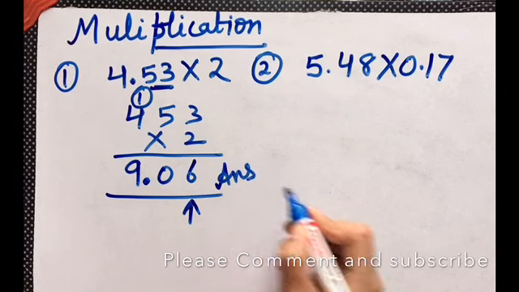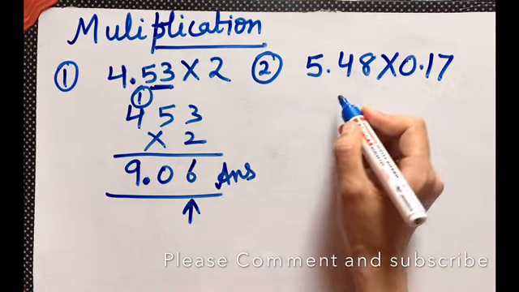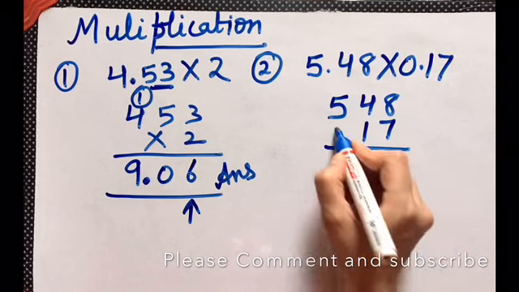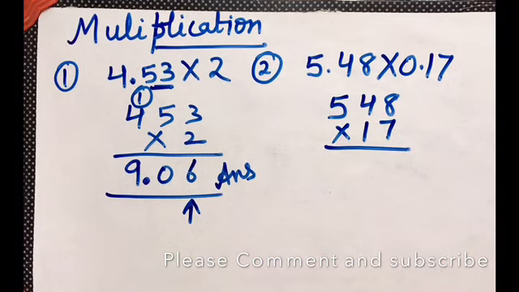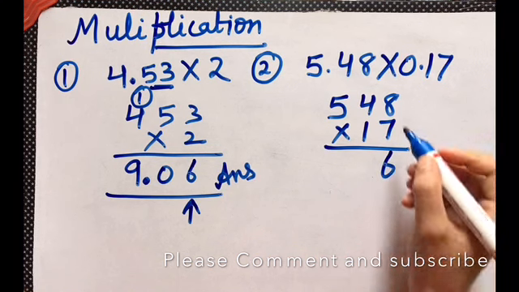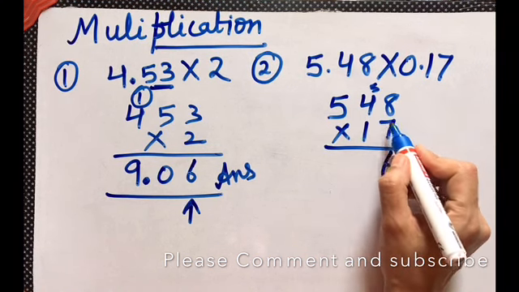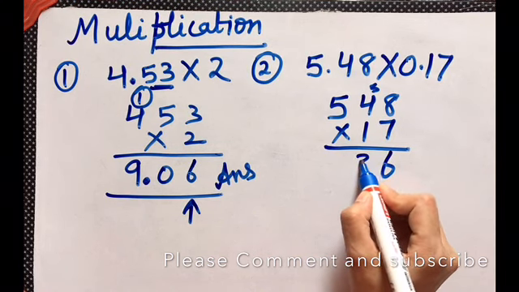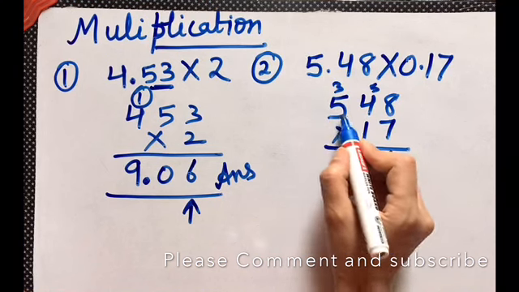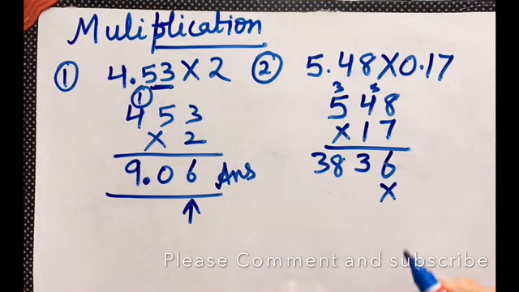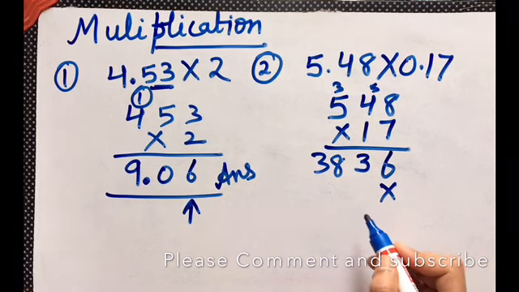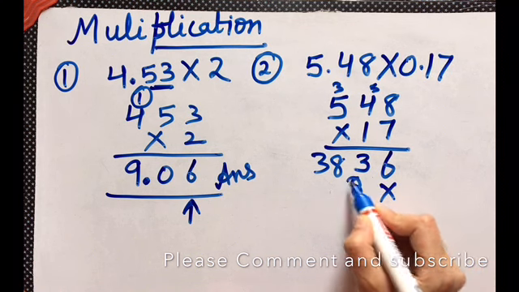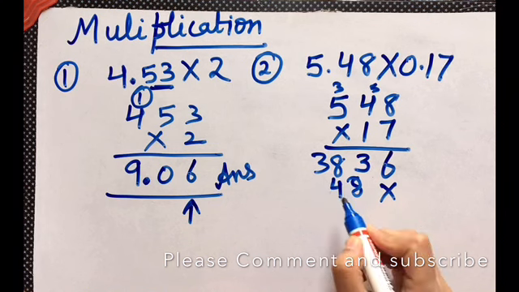This is your answer. In this one also, forget the decimal first. 548 multiplied by 17. Fine. Multiply the numbers. So it will be 6, 5 here. 7 times 4 is 28, 28 plus 5 is 33. 3 here, 35, 38, 36, and leave a cross at the first place, and it will be 8, 4 and 5.